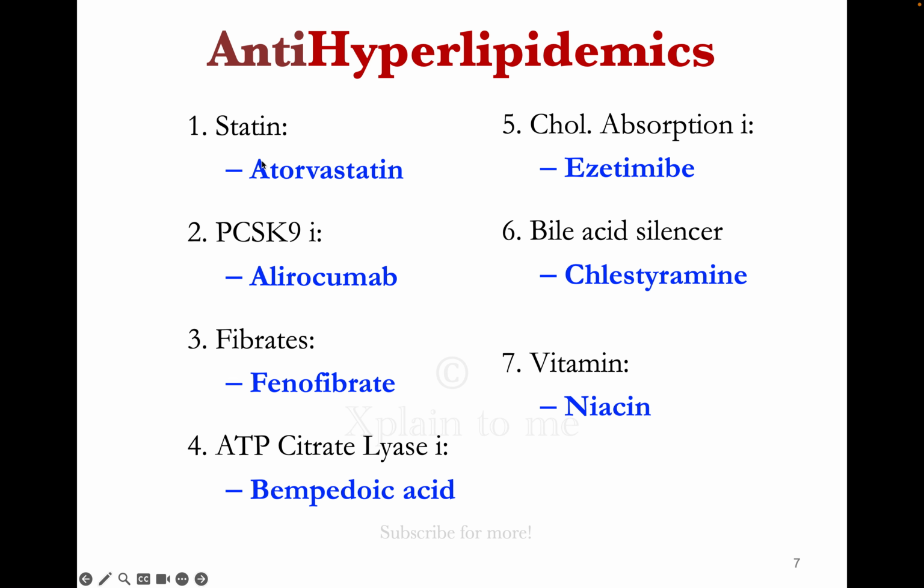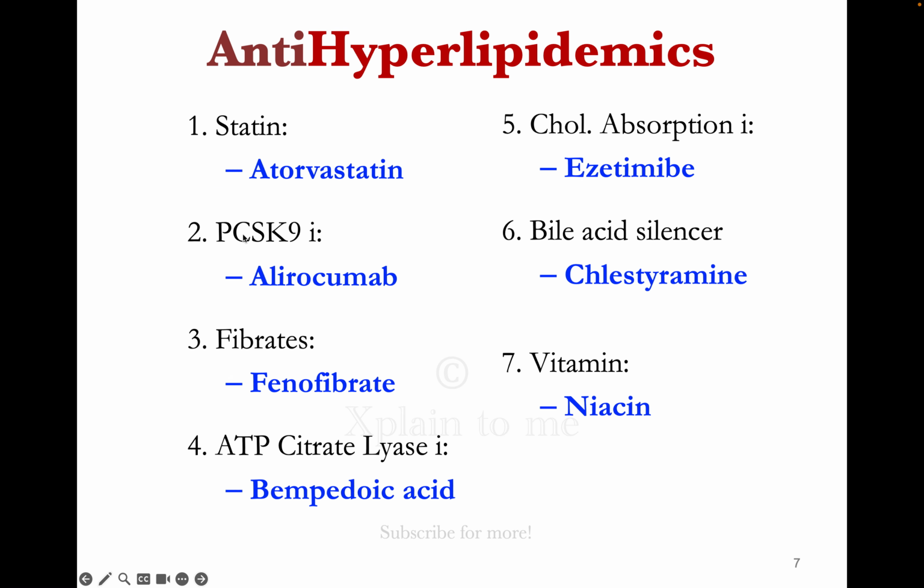That is why they actively pick up all the blood cholesterol from the flowing blood into the liver. Therefore, blood cholesterol level will be controlled. If the patient takes this drug along with exercise and diet control, that will be a very good drug to regulate the cholesterol.